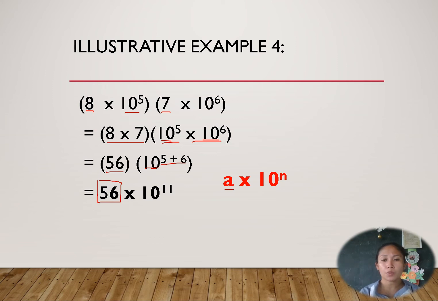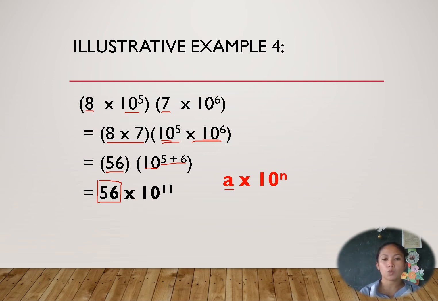So remember in our previous video tutorial that if you move the decimal point, it will change the exponent of your second factor, which is 10. Okay, so let's try this one. 56.